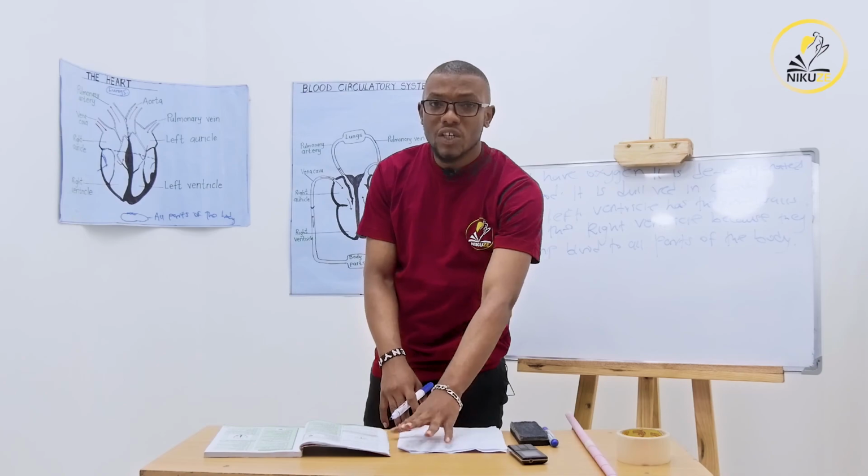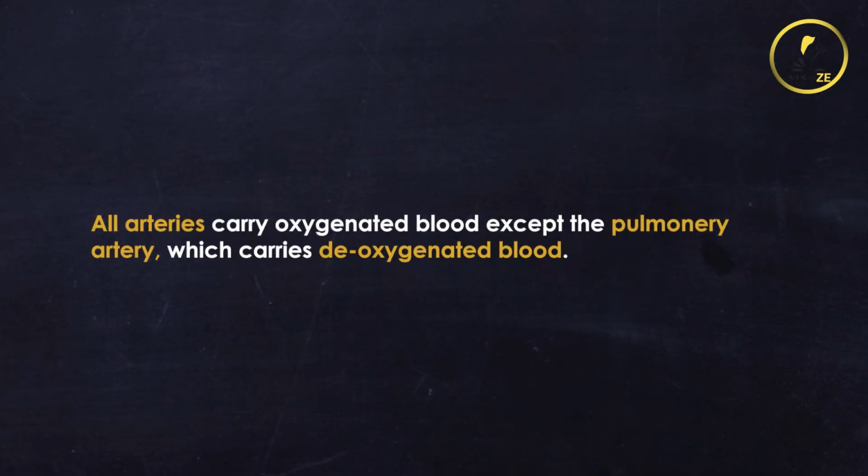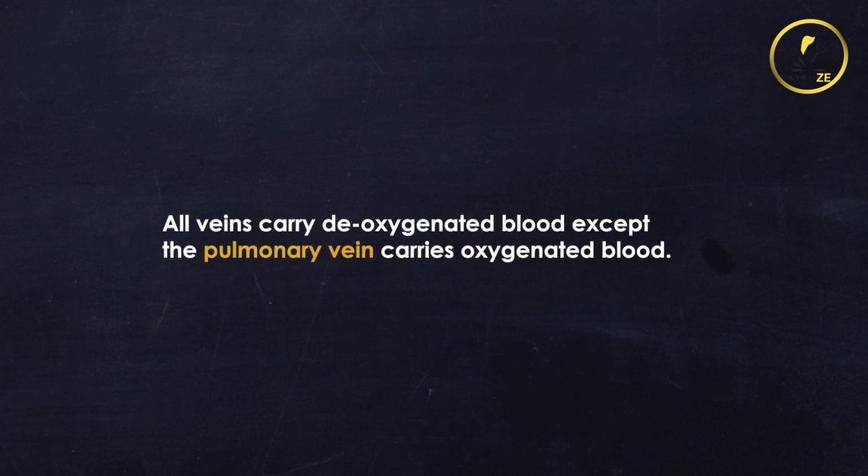And don't forget, I'm repeating it: all arteries carry oxygenated blood except the pulmonary artery. All veins carry deoxygenated blood except the pulmonary vein. You can write it down.